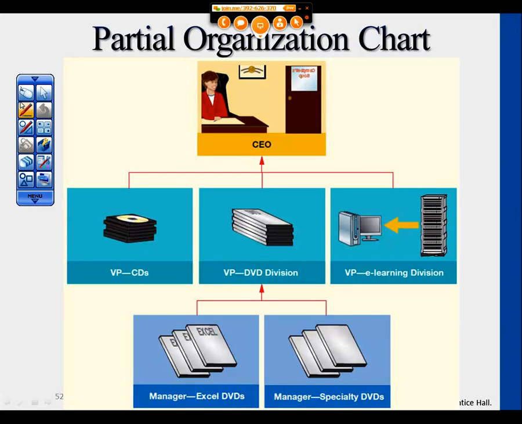What does he do as CEO? The CEO oversees all of these three divisions, right? So we have the VP for CDs, responsible for CDs. VP is the vice president. Then we have the VP for DVD divisions and for e-learning divisions, right? So we have all these division managers.